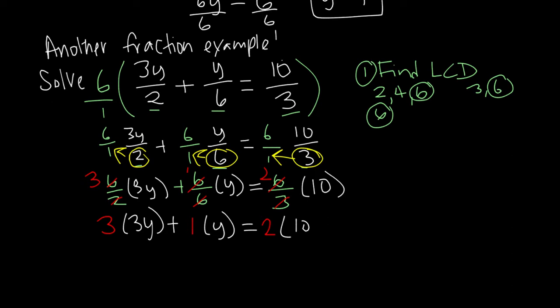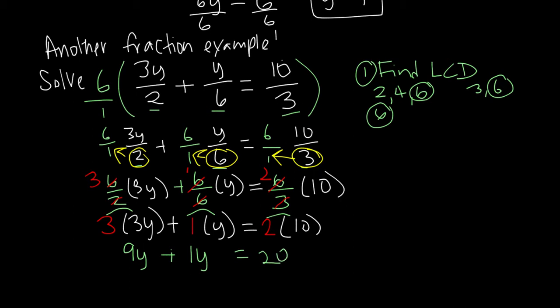And now let's multiply each of these pieces. So we're not really distributing, we're just multiplying since we don't have multiple things added together in the parentheses. So in this first parentheses, 3 times 3y would be 9y, 3 times 3 to get 9, plus 1 times y is 1y, equals 2 times 10, 20.